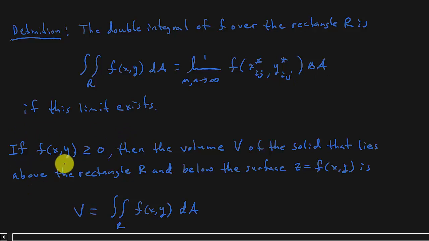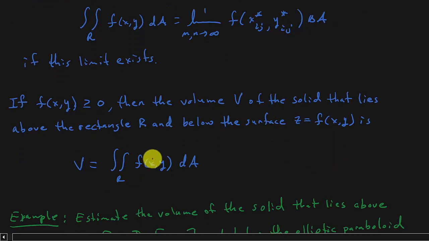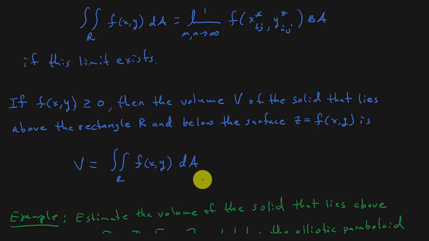And if f of x y is greater than or equal to 0, then the volume V of the solid that lies above the rectangle R and below the surface z equals f of x y is V equals the double integral of f of x y dA. So we're finding the volume below a surface and above the rectangle.